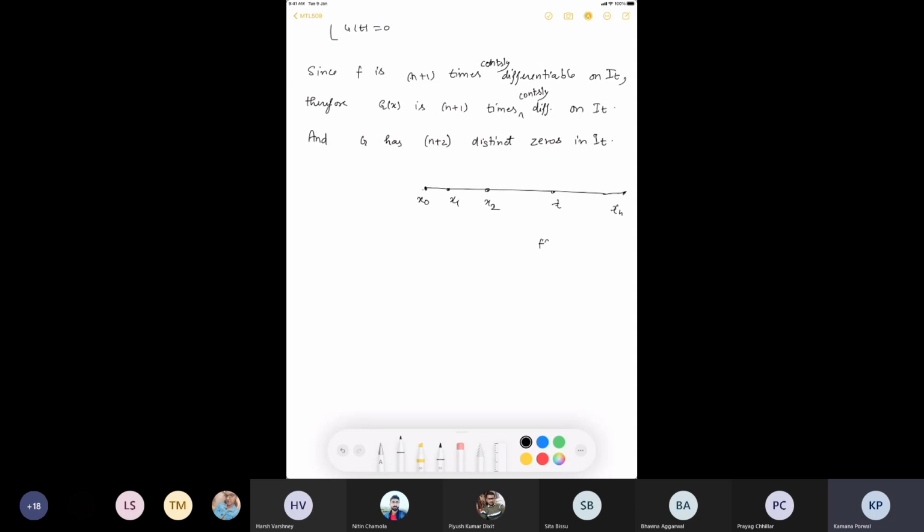If we apply it at any xj and xj minus 1, we will have that g of xj minus g of xj minus 1, divided by xj minus xj minus 1, is equal to some g prime of c, where c is lying between xj and xj minus 1.